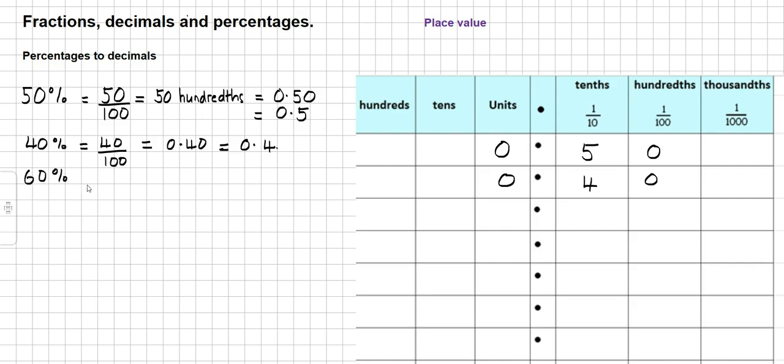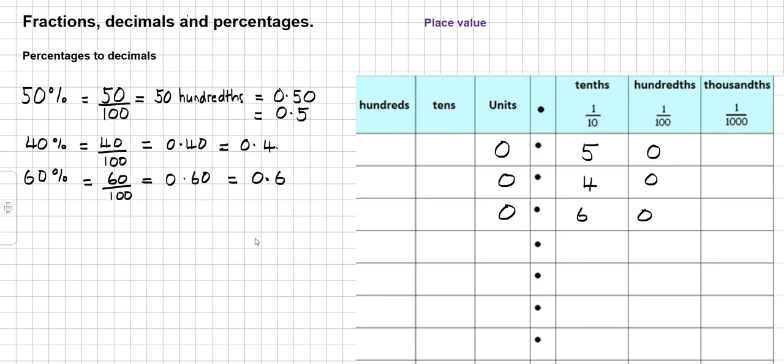So we're looking at the pattern of what's happening here. 60 out of 100 is going to become 0.60 or 0.6.